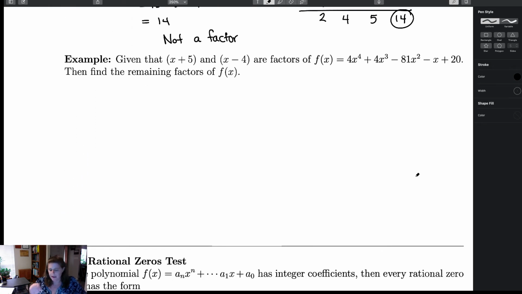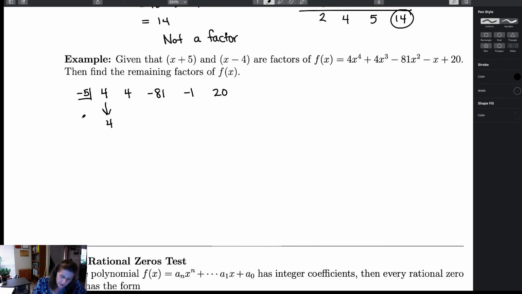All right, so say that I'm given that x plus 5 and x minus 4 are factors of this 4th degree polynomial, and I want to find the remaining factors. The first thing I want to do is divide out these two factors to see what I'm left with. So if we're dividing out x plus 5, the number I'm putting in the box is -5, because remember we have x minus k. All right, so my coefficients: 4, -81, -1, and 20.